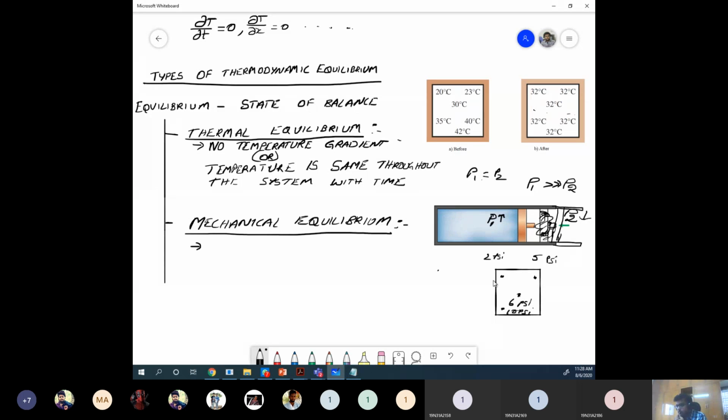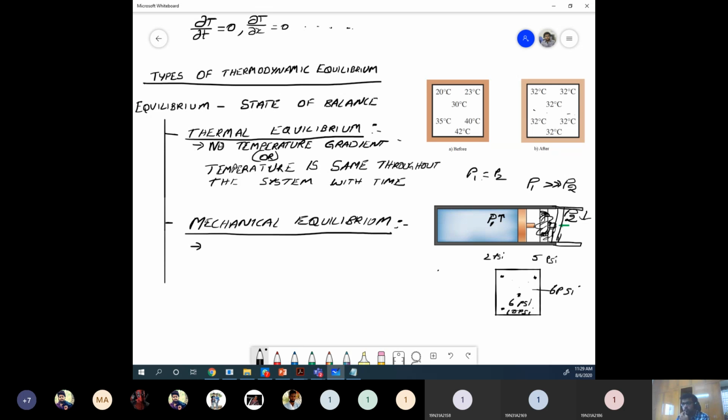After some time, because of this difference in pressure, they will all try to mix up and come to some state where everywhere you see maybe 6 psi.